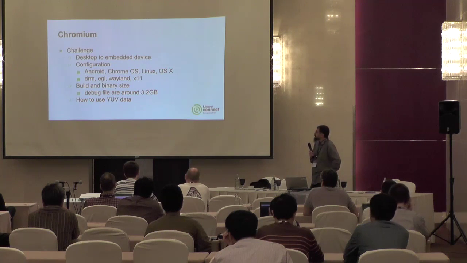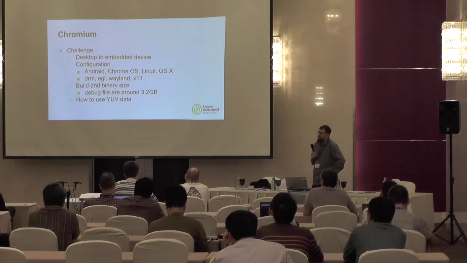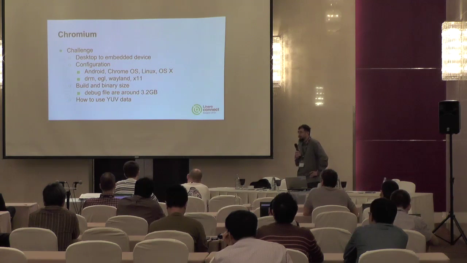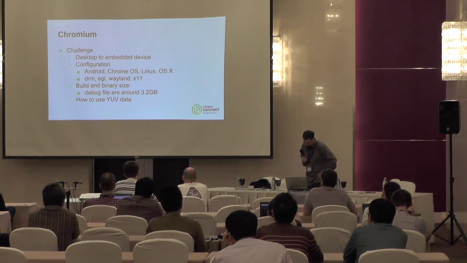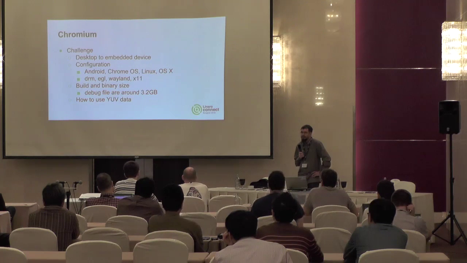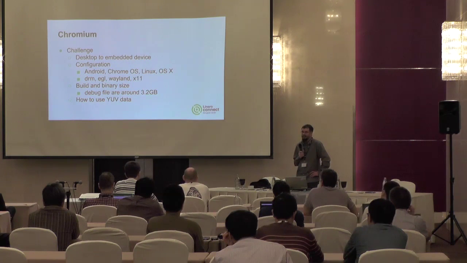Another challenge is the build and the binary size, because Chromium is a huge project with a lot of code. On my PC, which is only a Core i5, it takes around 6 hours of compilation and around 3 hours of link only for the binary.